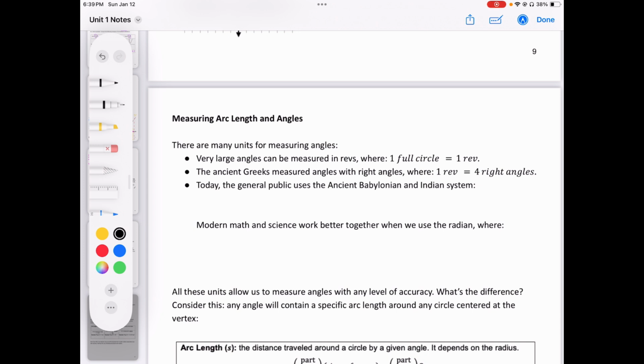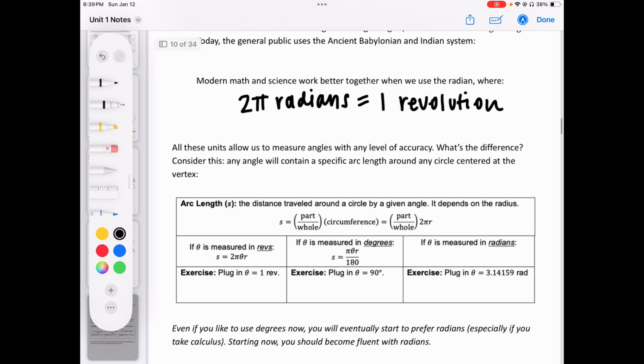Today, we really focus on two pi radians being one revolution, and we'll talk about radians more today. All of these are going to help us measure angles with any level of accuracy, but sometimes it's more convenient to use one than the other.